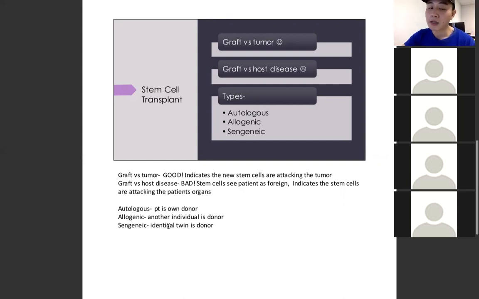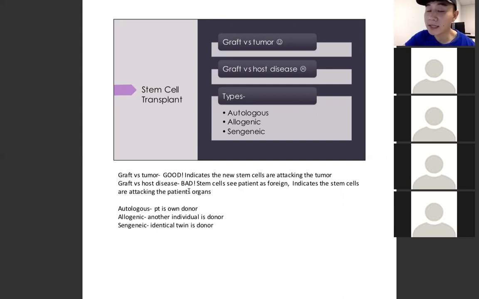Allogenic is another individual as donor, meaning that the patient will receive chemotherapy where the good cells and the bad cells are both killed, and then the doctor will put the bone marrow of a matched, unrelated or related donor into the patient, but it is not the patient's own bone marrow. And syngeneic is an identical twin donor.